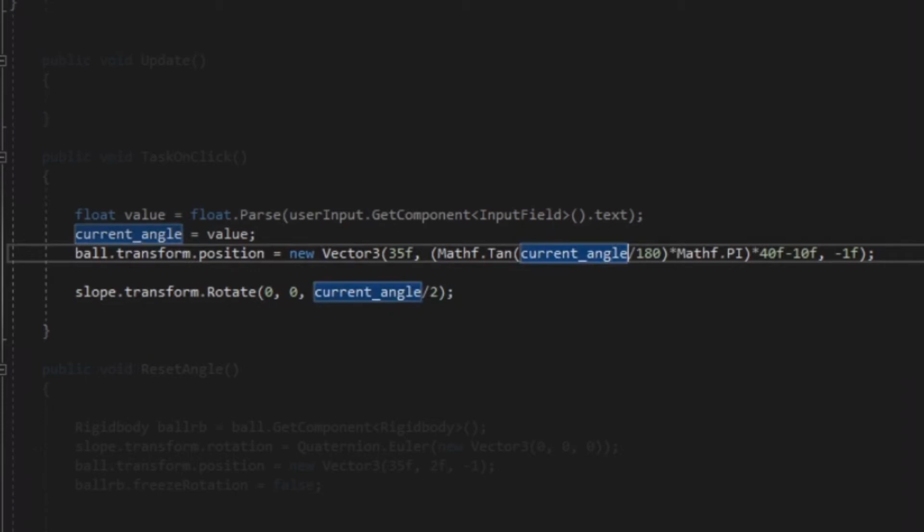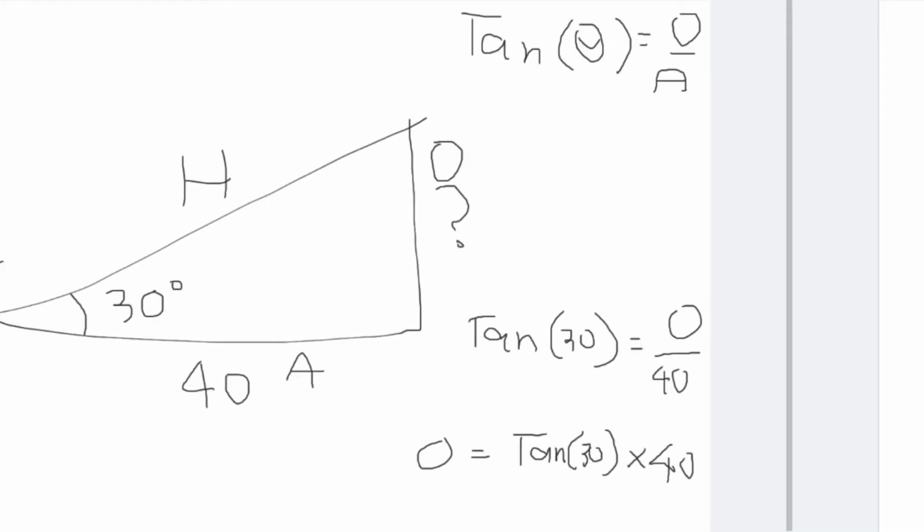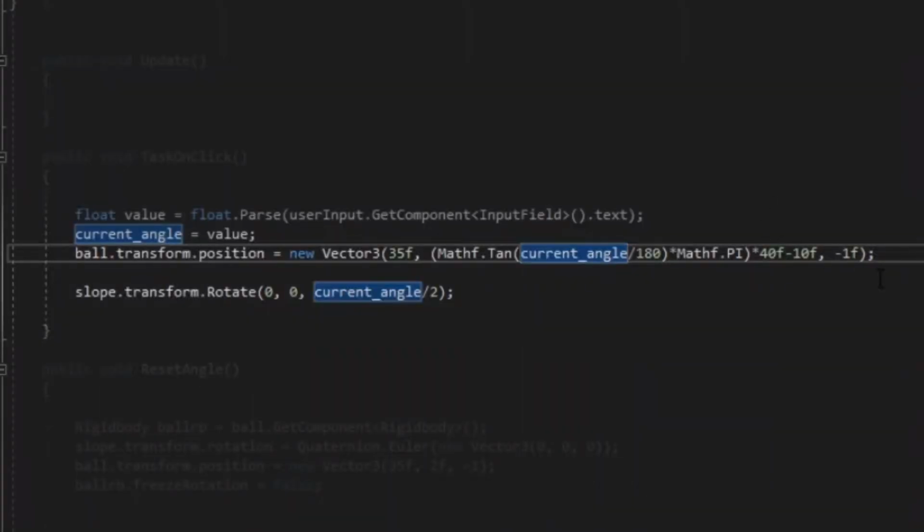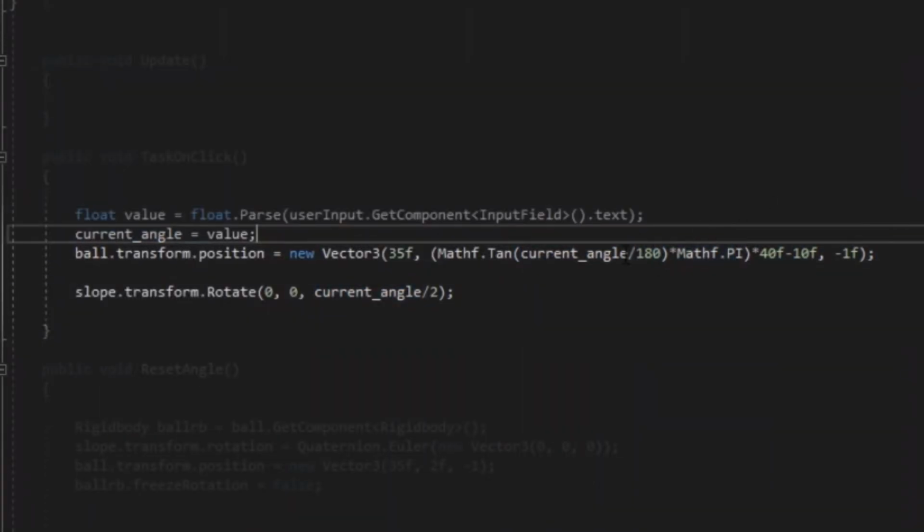The formula, let's say theta because it's the angle, is theta over 180 times pi. This is just the formula for converting between radians and degrees. So you feed it into this formula, dividing by 180 times Math.PI, which converts the current angle, and then multiply by 40, and then of course the offset.